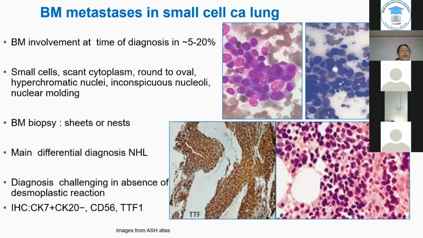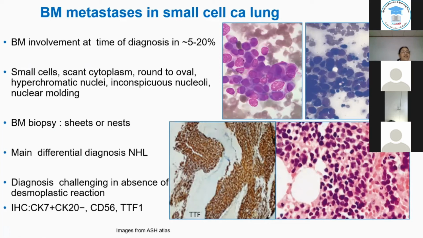The tumor cells are small, they have scant cytoplasm, round to oval nuclei, which are hyperchromatic with inconspicuous nucleoli. But this is the molding. In bone marrow biopsy, you see the sheets or nests of these cells.